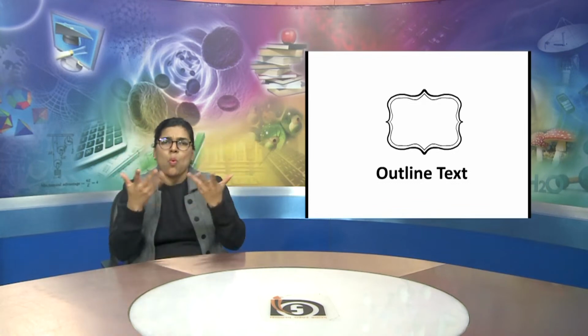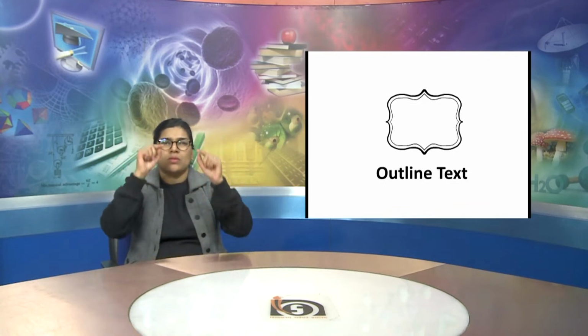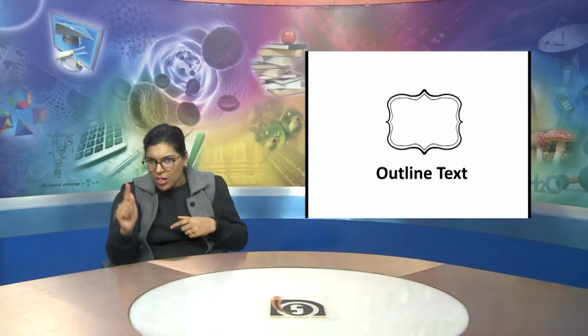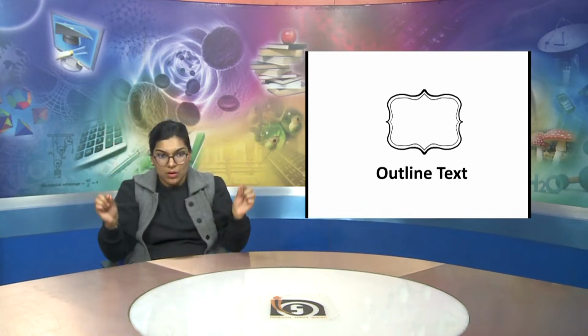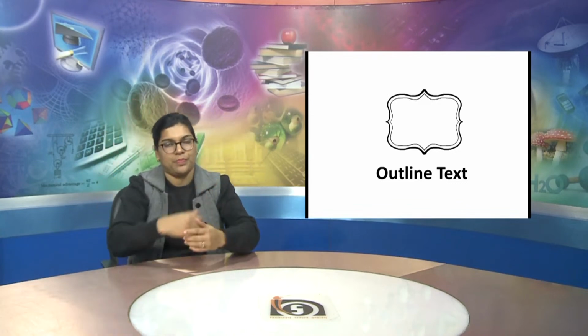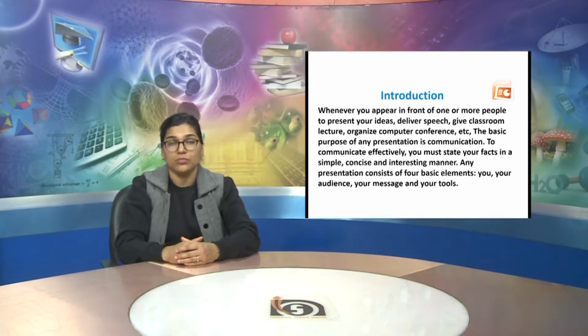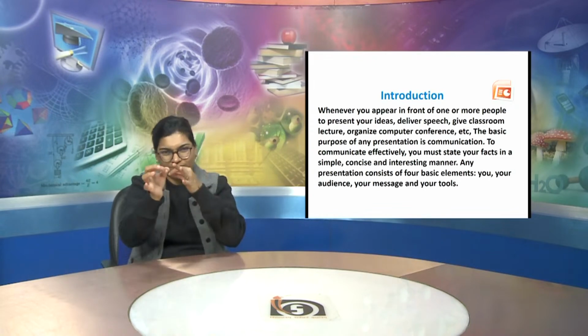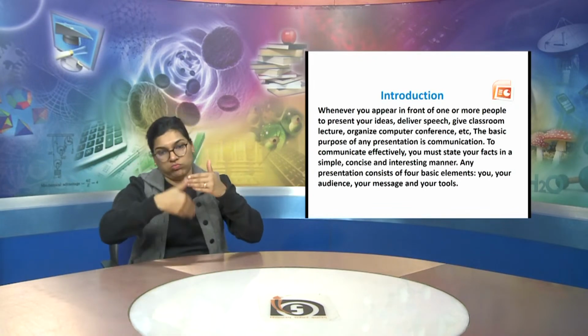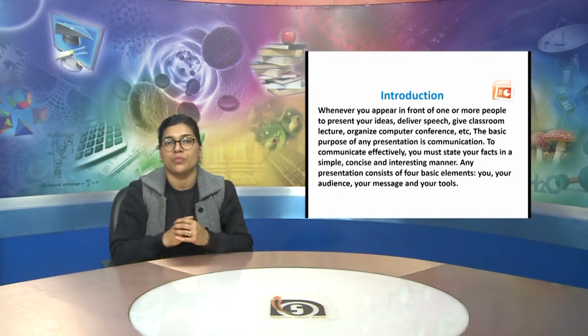Outline text. Outline can be of any shape or size. It is just the outer boundary of the content. So far we have understood the difficult words. Now in continuation, let us begin the lesson.